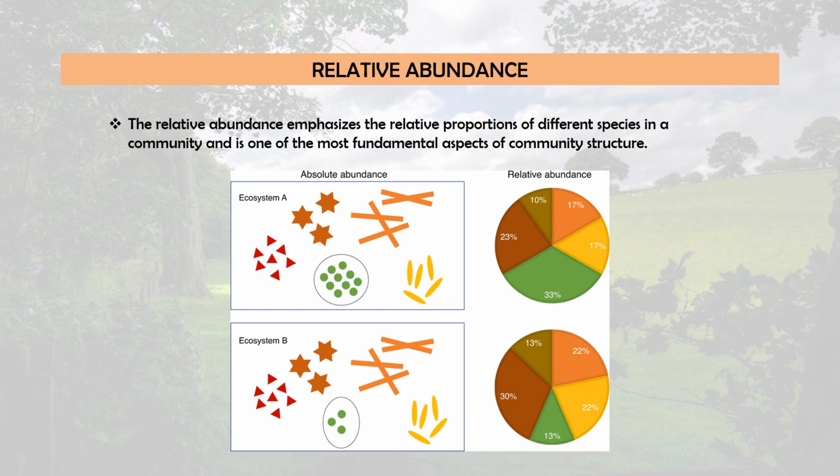In case of ecosystem A, the relative abundance was 33%, which decreased to 13% in case of ecosystem B due to decrease of that population in ecosystem B.